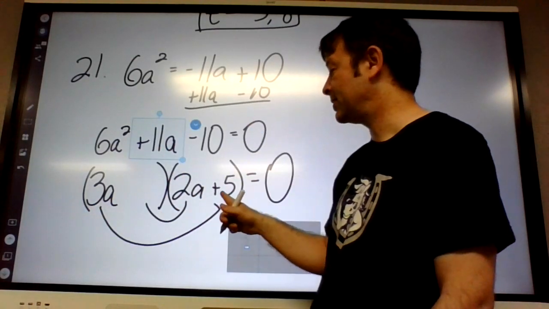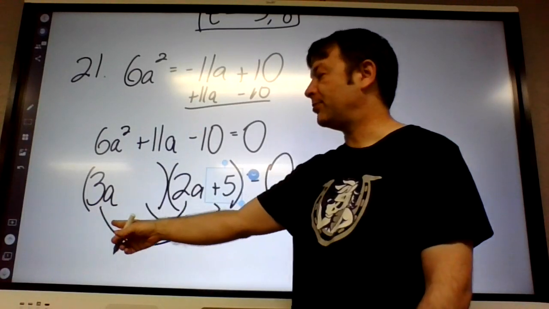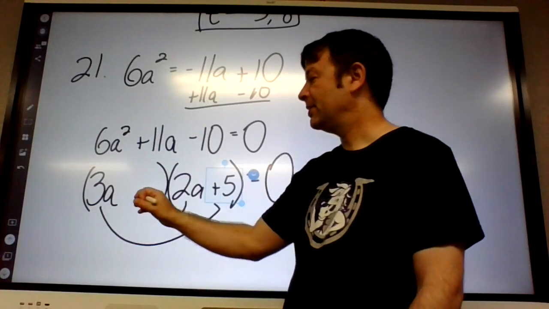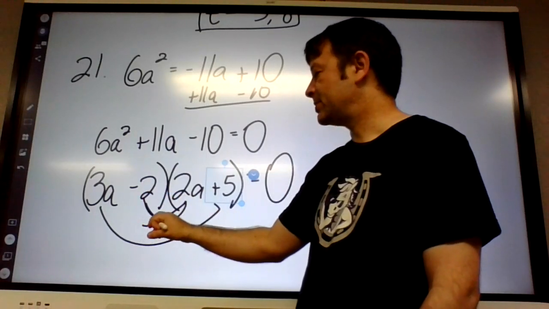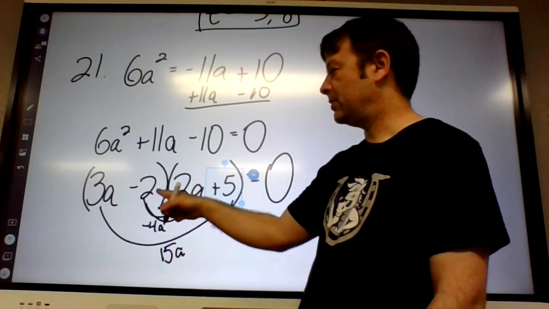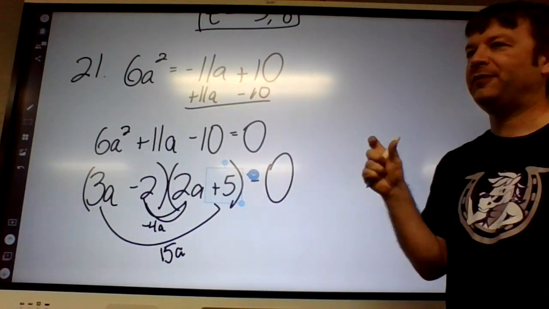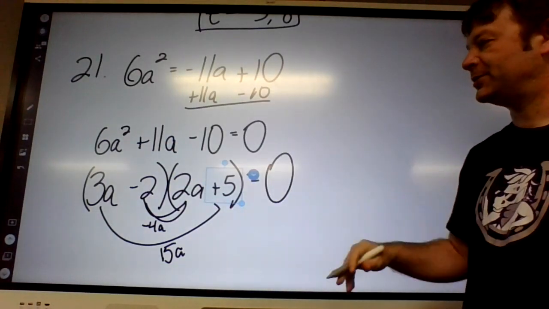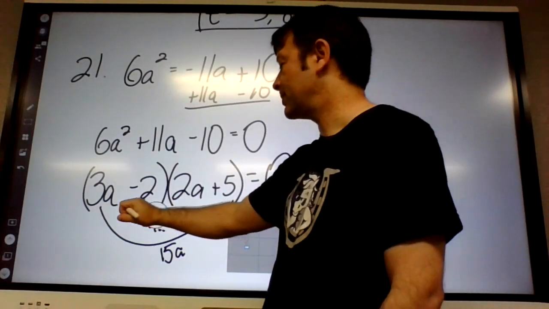You have to do outside, inside. So we put the 5 over here so it's linked with the 3a, so it's 15a. And we put a minus 2 right here, so it makes a minus 4a. And that does add up to 11a. Again, that is definitely the harder version of factoring. So if you'd rather, you could just do quadratic formula.